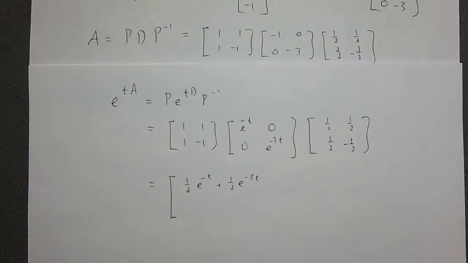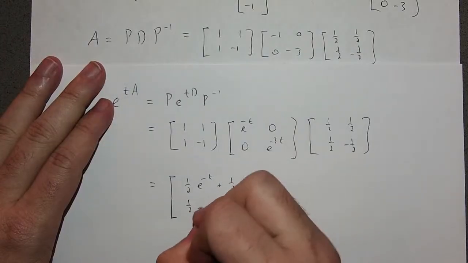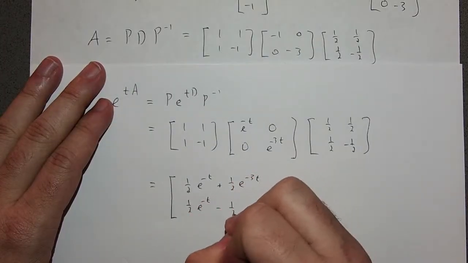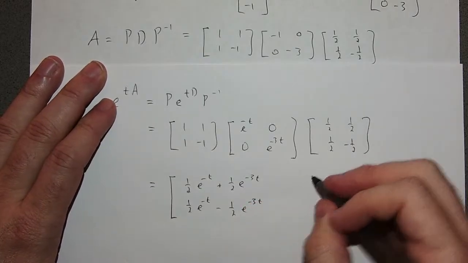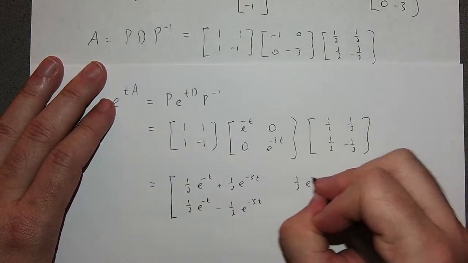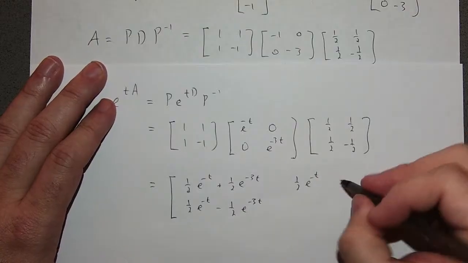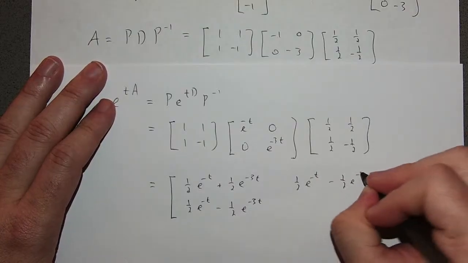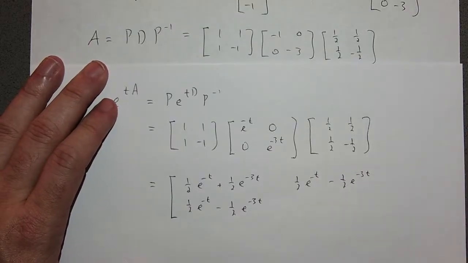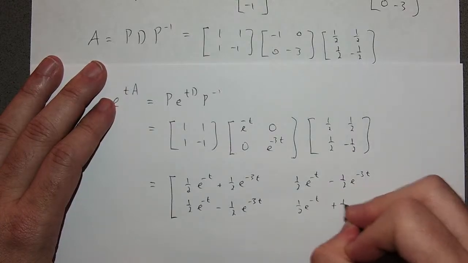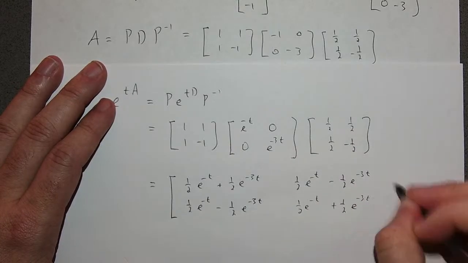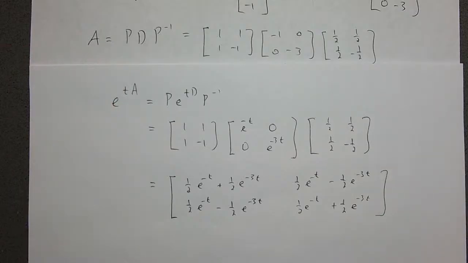This next entry is 1/2 e to the minus t minus 1/2 e to the minus 3t. Next entry is 1/2 e to the minus t minus 1/2 e to the minus 3t. And the last entry is 1/2 e to the minus t plus 1/2 e to the minus 3t. Okay, you can just check that is indeed what we get.